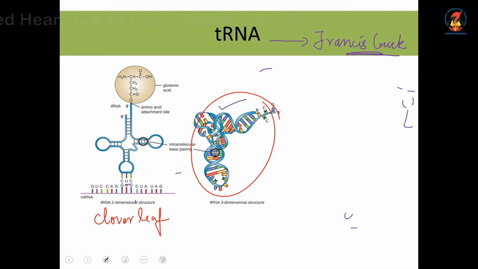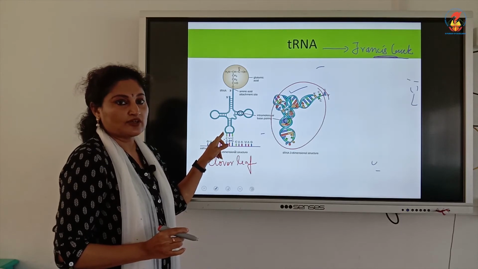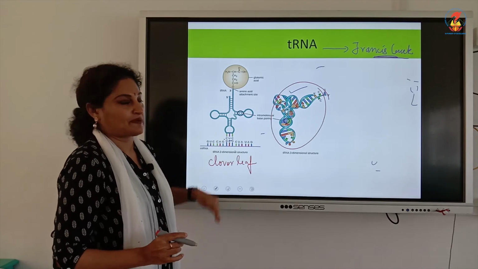Two important parts: there is an anticodon loop, and here it is CUC. It base pairs with the codon having GAG. So you understood the function of this anticodon loop. It comes correctly to the codon which is complementary to it and forms base pairs.